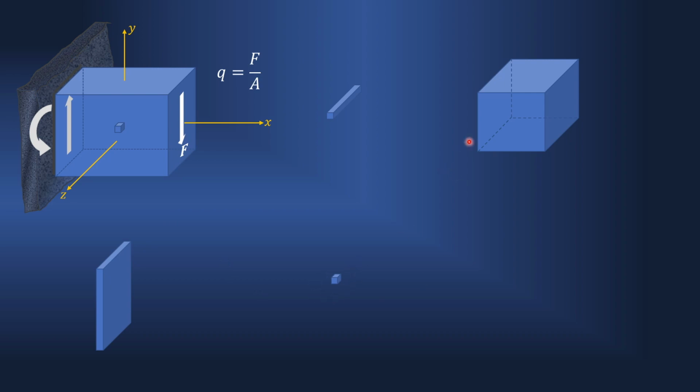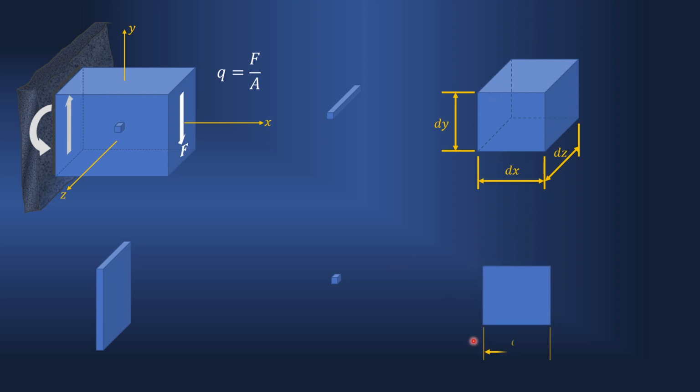Now the same portion I have enlarged here. Okay, first of all check its dimensions. It's length dx, height dy and width dz. So it's a block. Now the same block in two dimensions I am drawing here. So this distance is dx and this distance is dy, the height of the block, and the width of the block dz is, since it is a two-dimensional diagram, perpendicular to the screen.